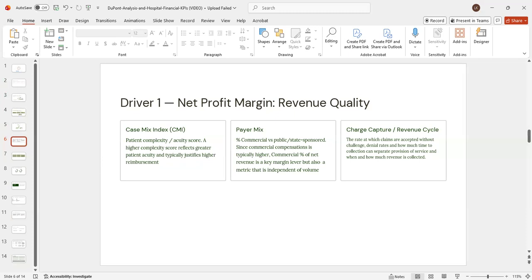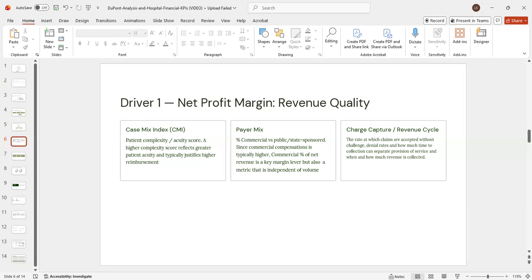The next set of KPIs relate to the concept of payer mix. What the payer mix tries to measure is the percentage of your commercial versus public or state-sponsored patients. Generally speaking, commercial compensation is higher, so your commercial percentage turns out to be a key margin lever.